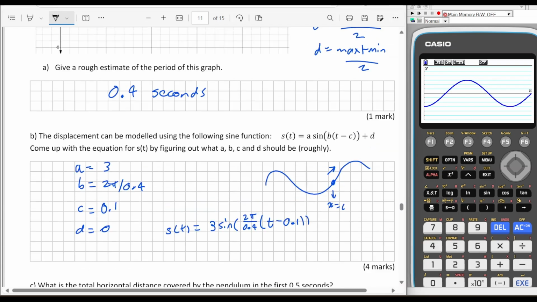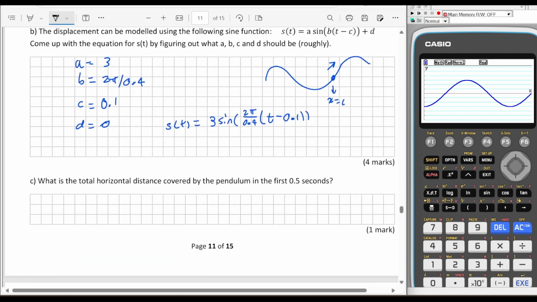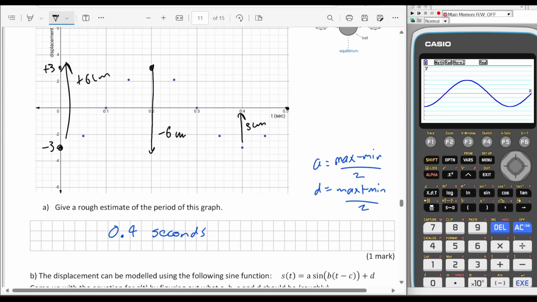And what am I asking for? The first 0.5 seconds. So it should go through to that point there. And then it should go back up 3 centimeters. So you're going to get 6 plus 6 plus 3, which is 15 centimeters in total. Bit of a tricky question, that one.